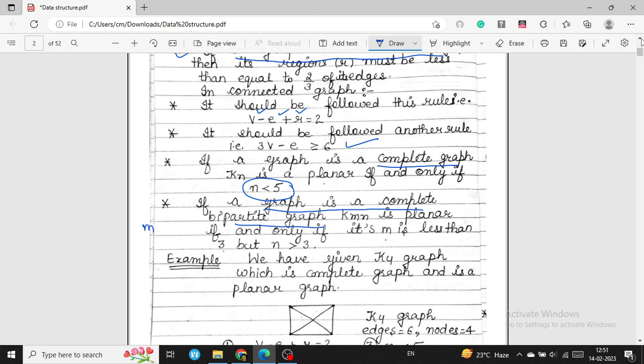That means m's value should be less than 3 and n's value greater than 3. Then you can say that the complete bipartite graph will be a planar graph.